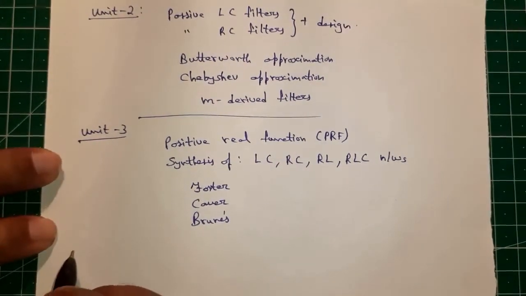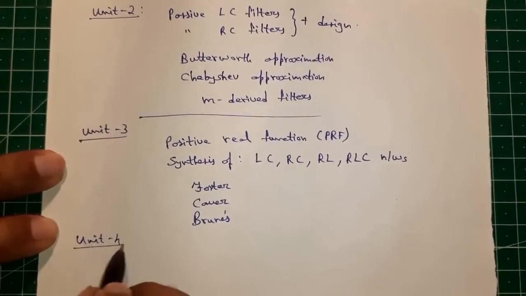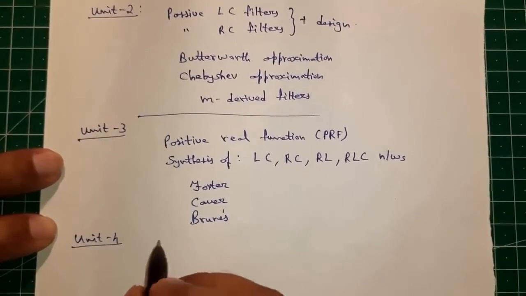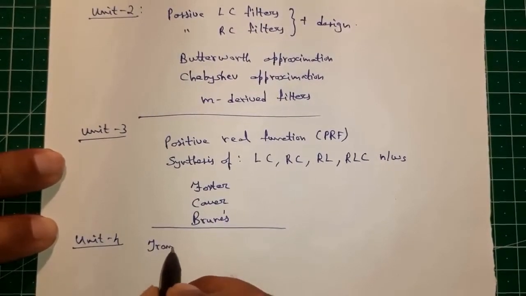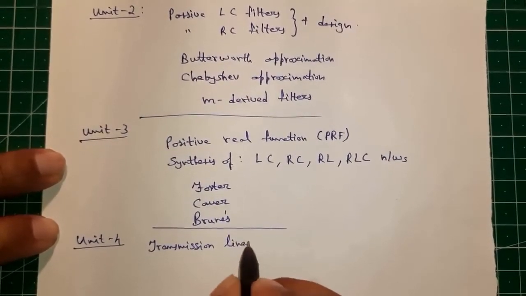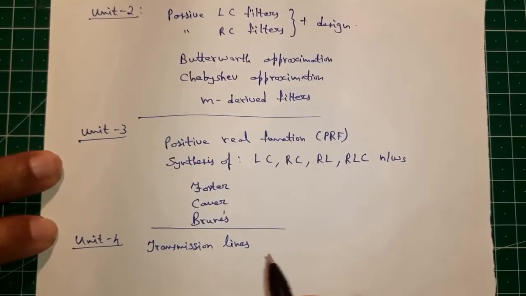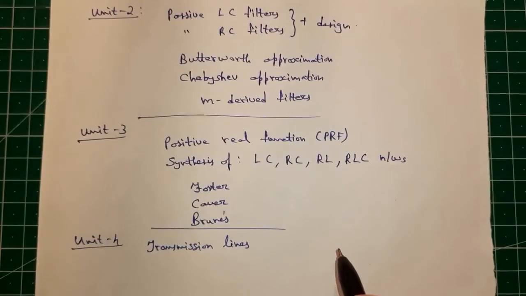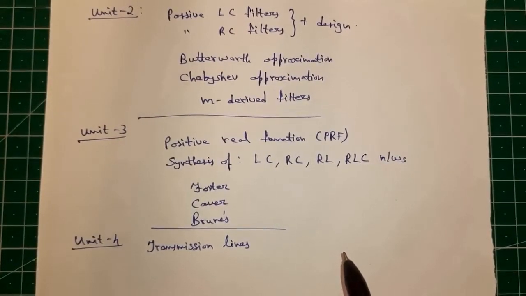Then moving towards unit 4, so we'll be introduced to transmission lines. So we'll be seeing the lambda parameter equivalent of these transmission lines. We know that transmission lines are distributed, so how we can approximate it in the lambda parameter equivalent model.